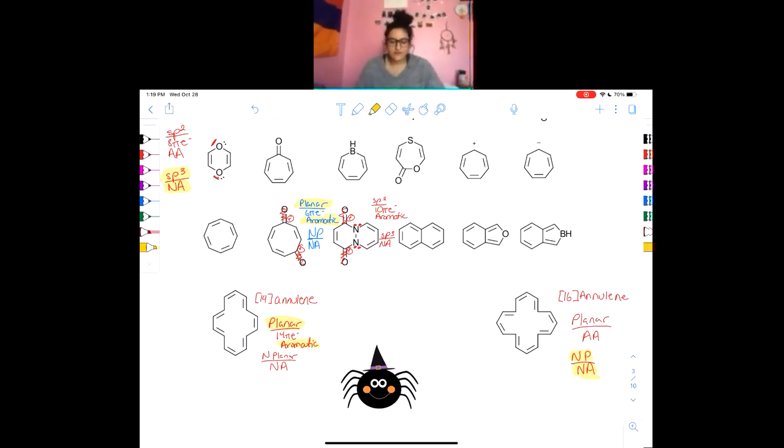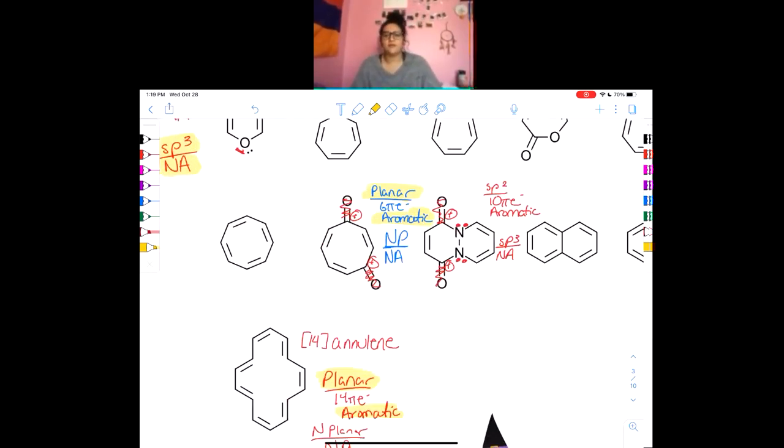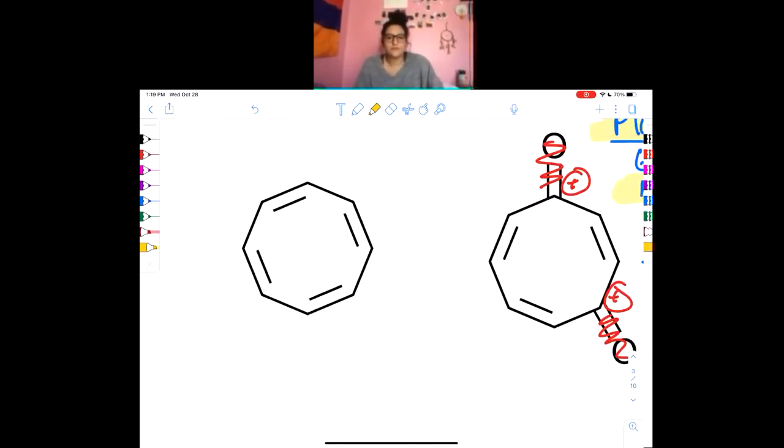So if it's 8 plus members, we do planar versus non-planar. Exactly. So another example for that would be this one, right? So there are 8 members in this ring, and there are 2, 4, 6, 8 pi electrons. So does that follow 4n or 4n plus 2? 4n, exactly.